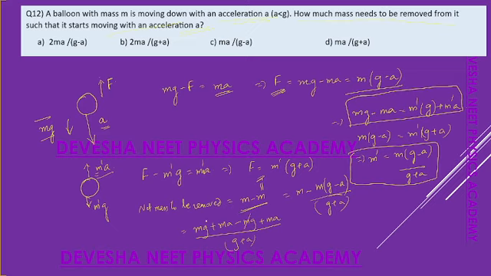Mg and mg go away. So we have 2ma upon g plus a. It means this much air has to be taken out from the balloon so that it can move upward. Okay, so the answer is B.